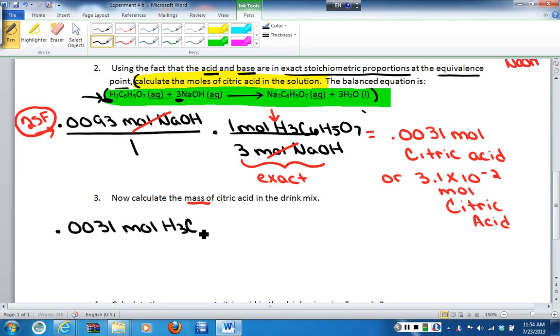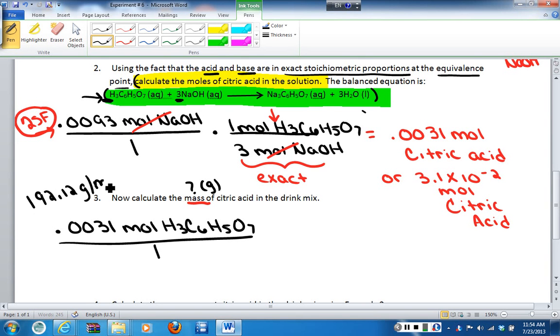In order to go from moles to grams, because that's what a mass indicates, we need the molar mass of our compound. If you look at the beginning part of this problem, we see that the molar mass of citric acid was 192.12 grams per mole. So we already have the molar mass of citric acid.